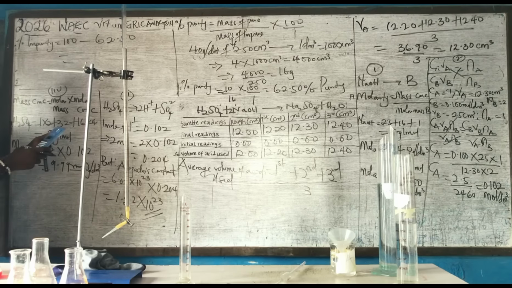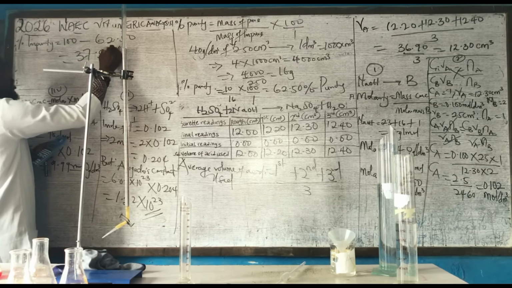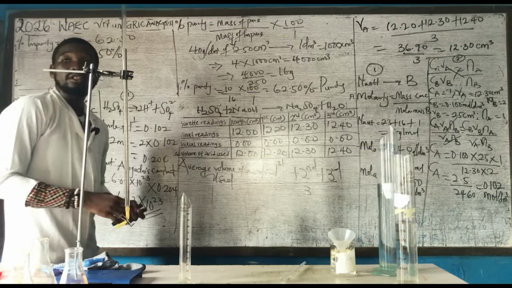So 100 minus 62.50, we have 37.50%. So guys, this is how to tackle a question.